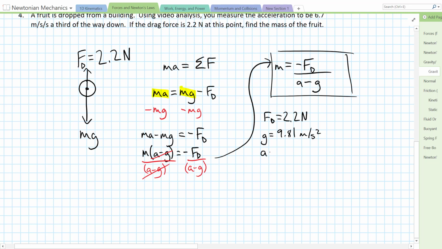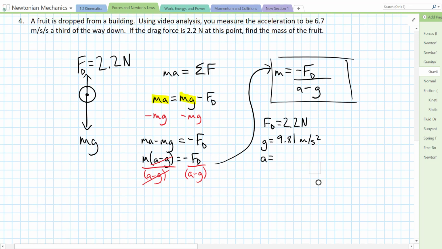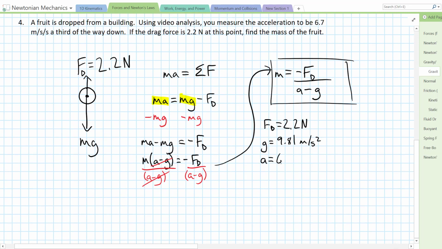And we know a is equal to, that's in the problem, 6.7 meters per second squared. So when we plug in, we get m is equal to negative 2.2 newtons divided by 6.7 meters per second squared minus 9.81 meters per second squared.